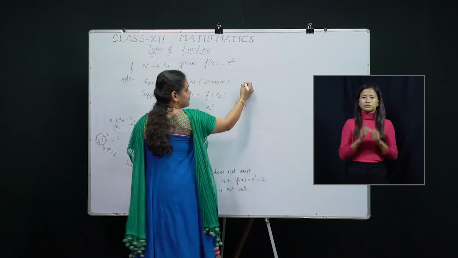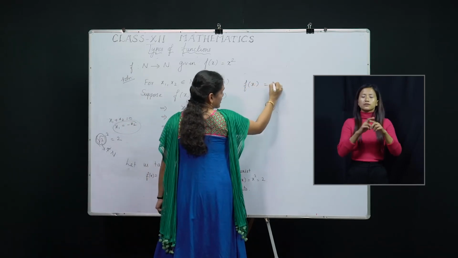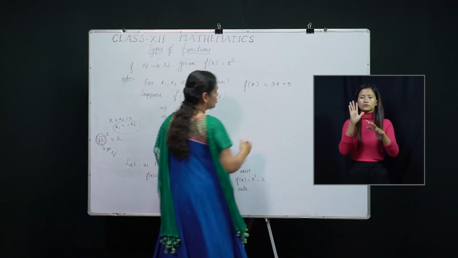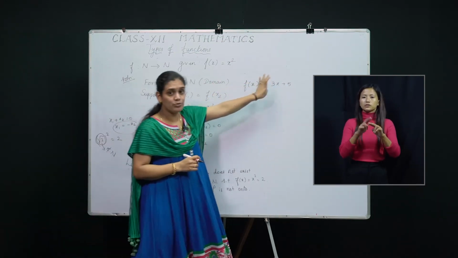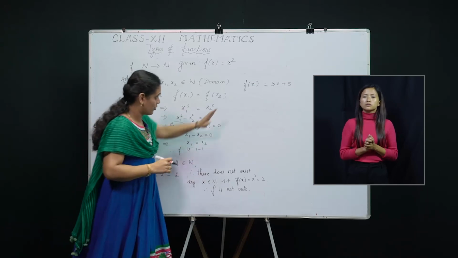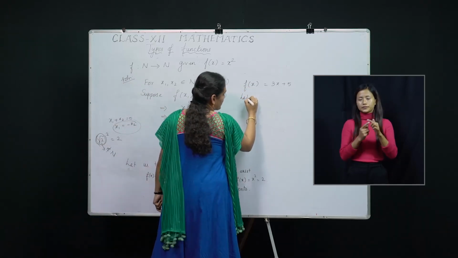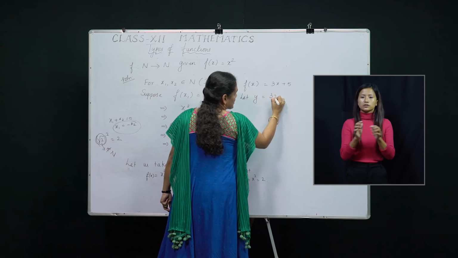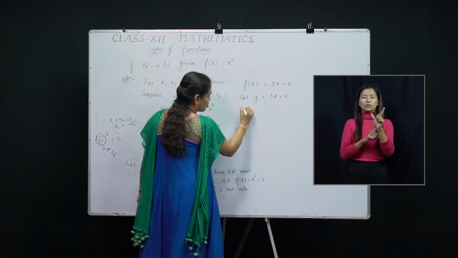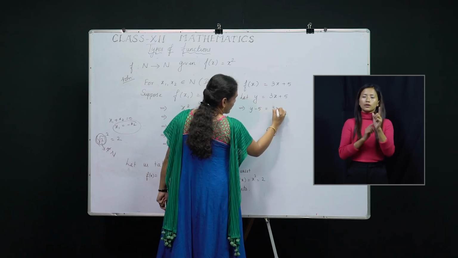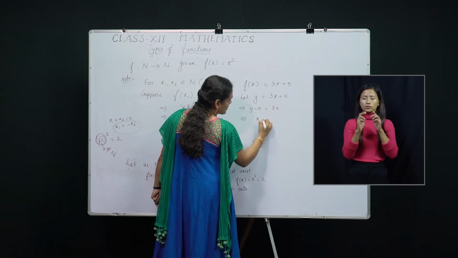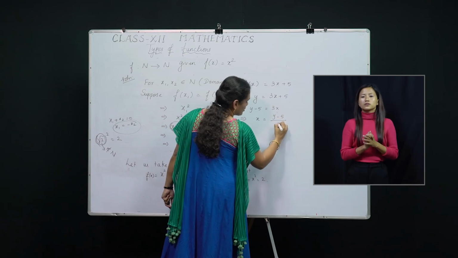For example, f(x) equal to 3x plus 5. I'm running short of time, so I'm just showing for this function how to prove onto. 1 to 1 is like this, but for onto you have to take y as 3x plus 5. Then we rewrite this as y minus 5 equal to 3x, and x equal to (y minus 5) by 3.